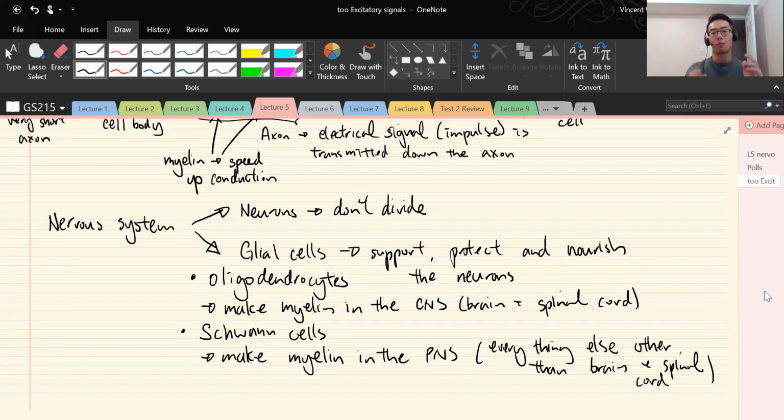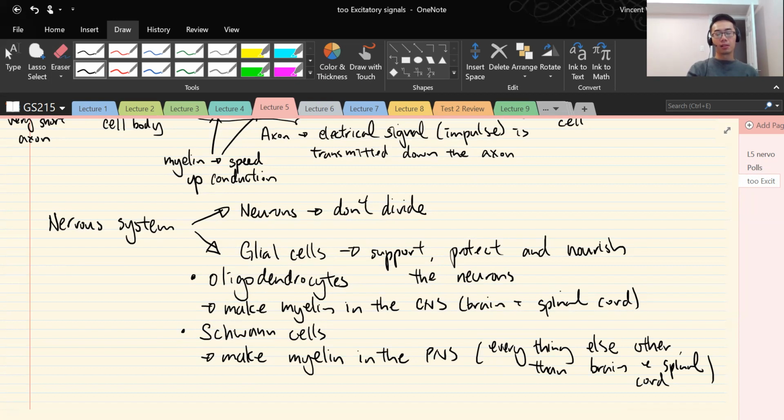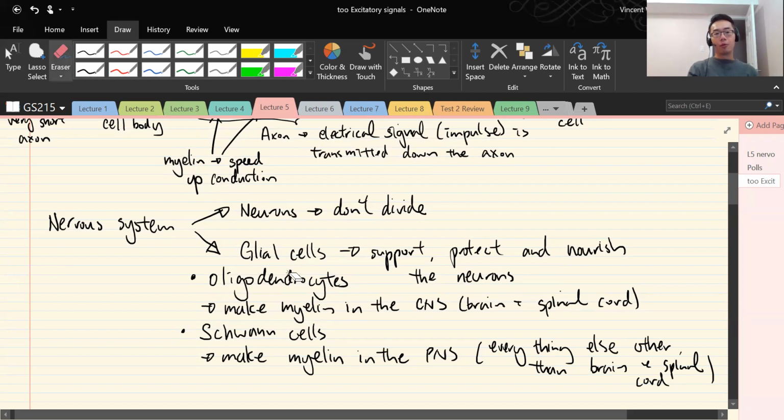Those nerves would be part of the PNS, because they're not part of the brain or the spinal cord. So the nerves that go down the hand, the axons, would have myelination, and the myelin for the nerves in the hand will be created by the Schwann cells. In the brain and the spinal cord, which goes all the way down to the lower back, the stuff that needs to be myelinated will be created by the oligodendrocytes.